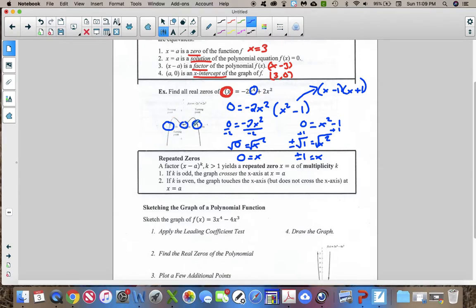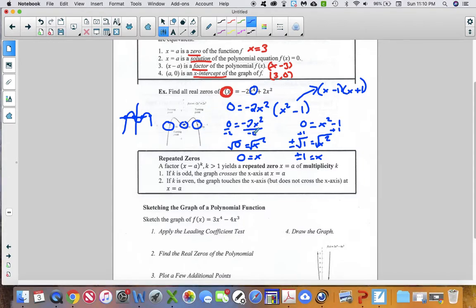You can see that it looks like an upside down W, or like an M. Instead of going down and touching and then going back up again, it could touch here, here, here, and here, instead of this part being up here where it's only touching at one spot. So it could touch 4 places. And so we have a repeated 0 there because we really should have 4 answers instead of just 3.